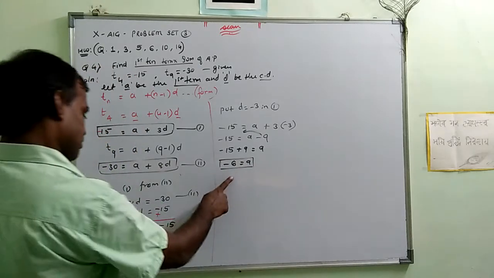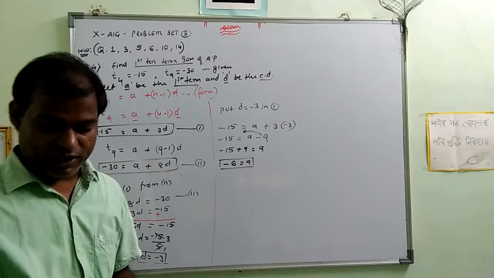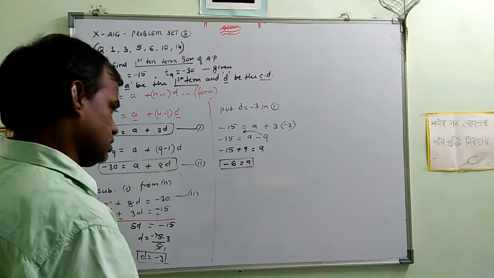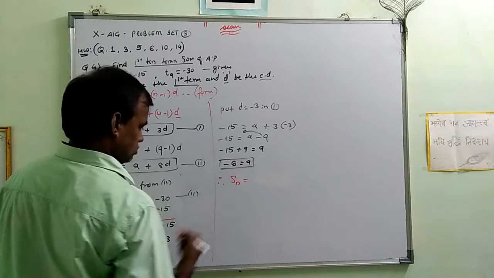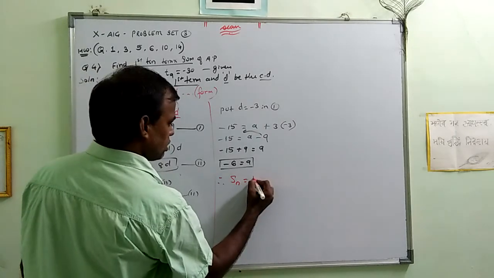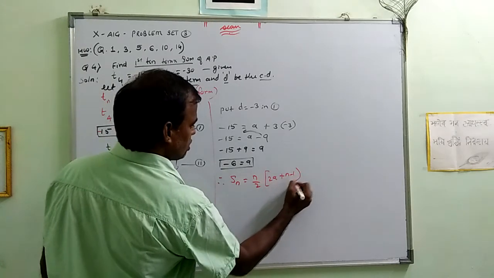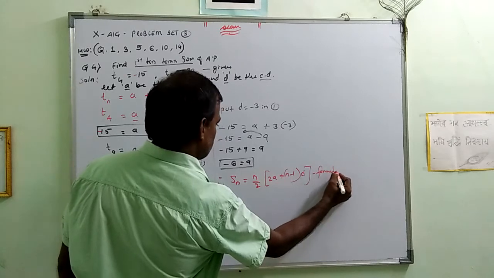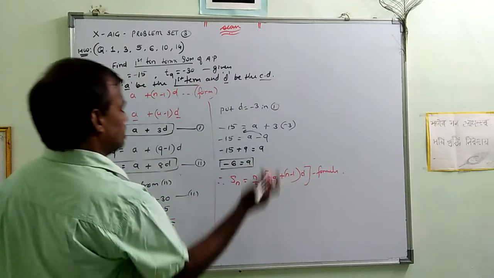Now we have a, we have d, and we have to find the sum of 10 terms. Therefore, S of n equals to n upon 2, 2a plus n minus 1 into d. Formula. We have to find S of 10. Find the first 10 terms.